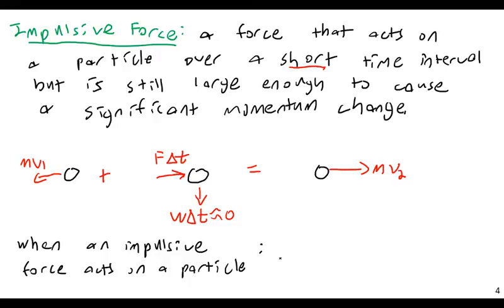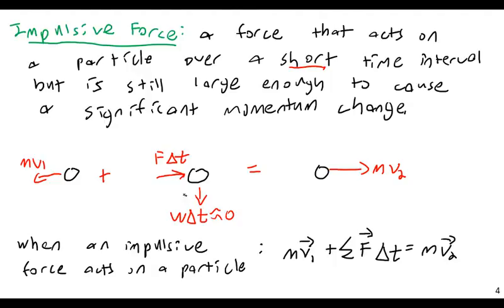We instead can simply say mv1 plus the summation of F delta t is equal to mv2. At least if the force is constant, we'll simply add up any of our impulsive forces, and because this acts over such a small time period, we'll generally consider them constant, or more precisely, look at their average.